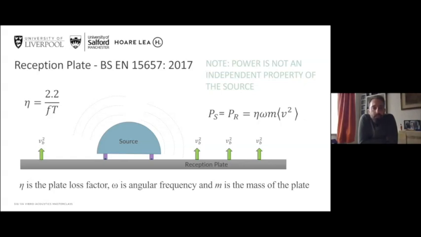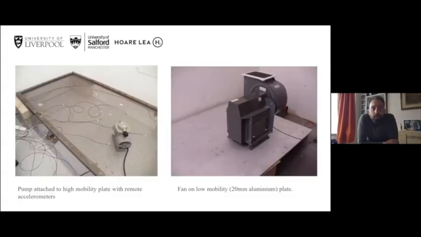But at least it's something we can calculate according to this equation. I'll just mention that the damping loss factor can be easily calculated as well without applying any forces. To solve it, we just need the reverberation time of the plate, and that can be obtained in exactly the same way as you would obtain the reverberation time of a room, but using accelerometers on the plate instead.